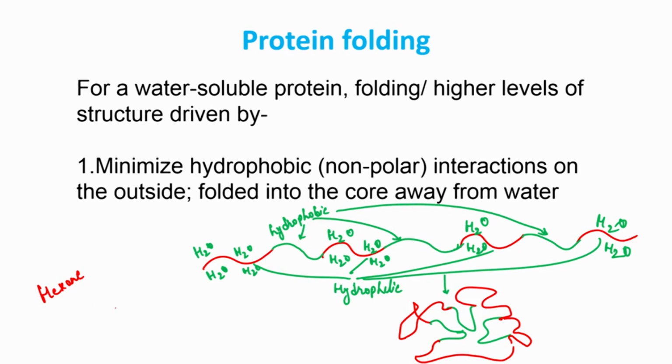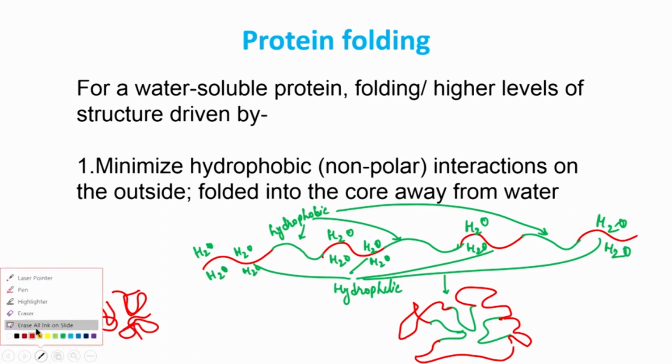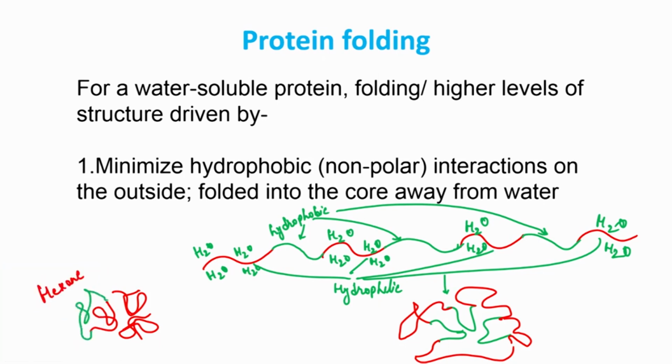So, again all the red regions will collapse inside, and the green regions will be on the outside, shielding all the red hydrophilic domains that do not like hexane. So now you can see that the structure has completely changed.